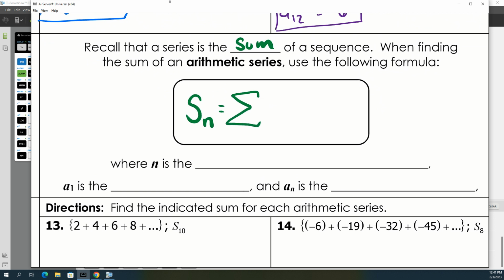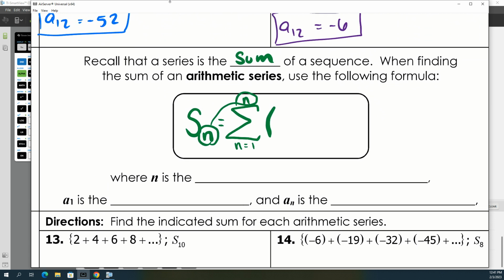So see if you guys can draw a sigma. And then at the bottom, we're going to have n equals 1 to whatever number is here. In a second, we're going to do one where that number is 10, and then the next one, that number is going to be 8. So whatever the subscript is of your S, that goes on the top.